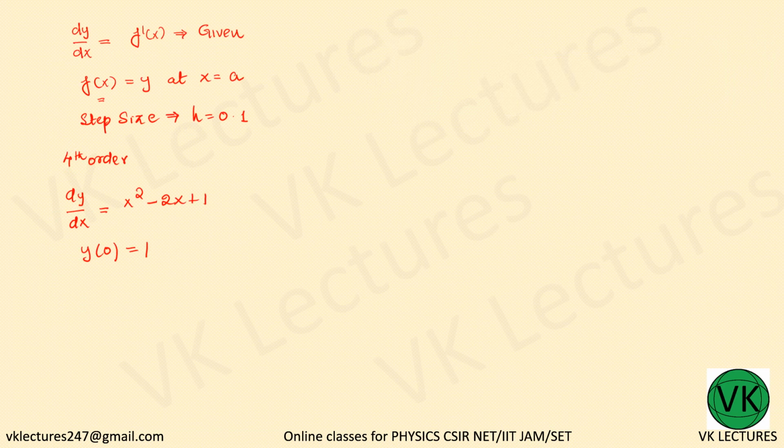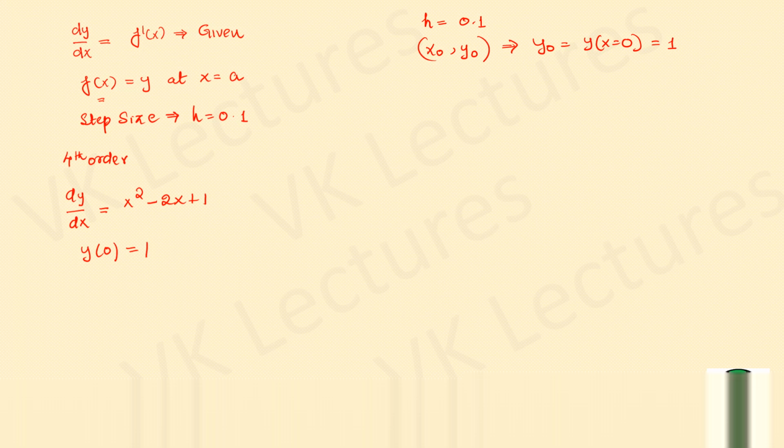We have already chosen the step size 0.1, and we start with x naught and y naught. y naught is y at x equal to 0, which is already given to be 1. So x naught is 0 and y naught equal to 1.